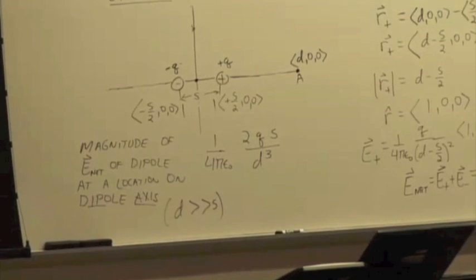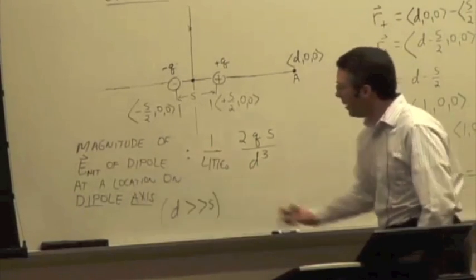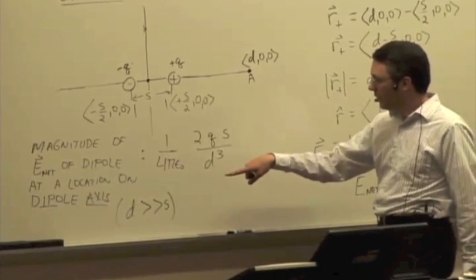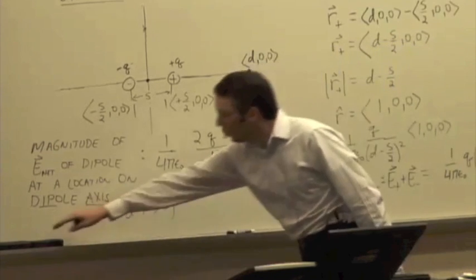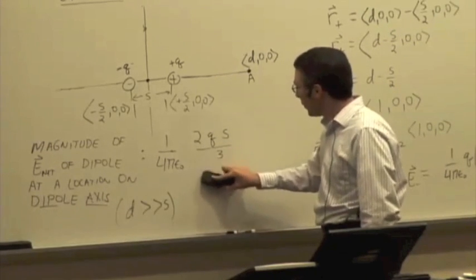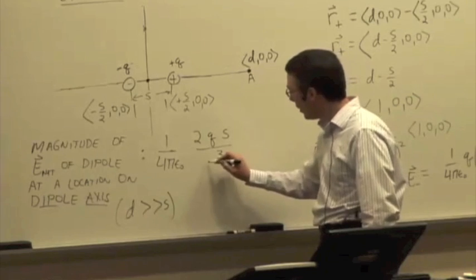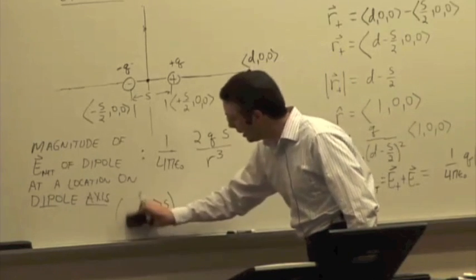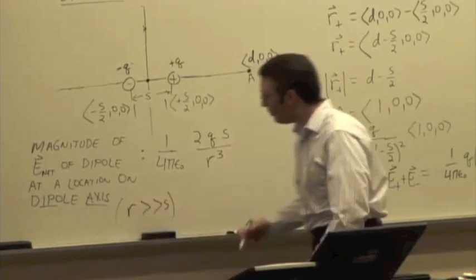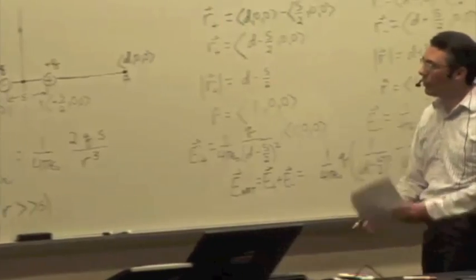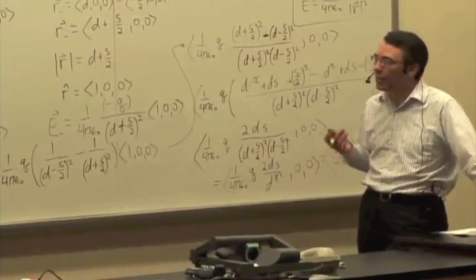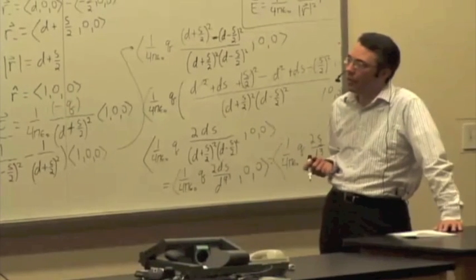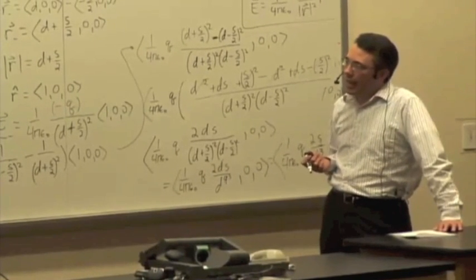And in fact, just in terms of the symbols here, we often just replace this with r. Instead of calling this d, we just call it r, just to indicate the distance away from the dipole, just as was commonly used. So you'll see this as 1 over 4 pi epsilon 0, 2qs divided by r cubed. And again, the approximation being that r is a lot bigger than s.